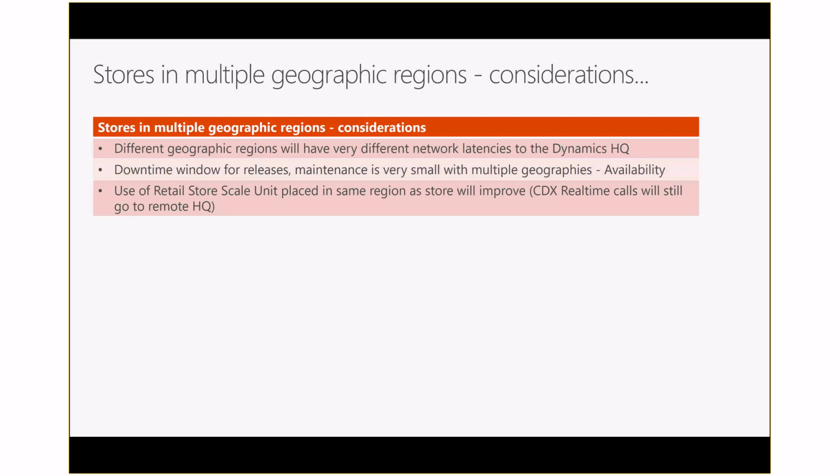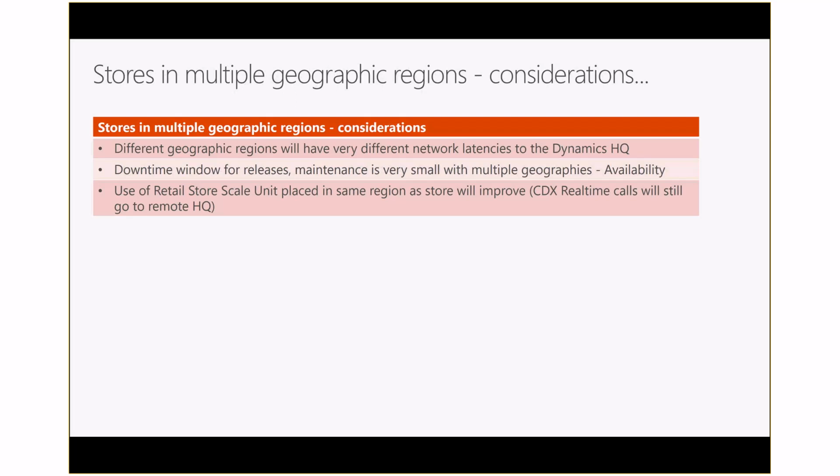Another important thing to look into is multiple different geographic regions. We have customers that have different operations on different continents, and it is quite common to see latency of 200 to 300 milliseconds between those regions, which makes some of the operations in the POS client quite noticeably slower, let's put it that way, if retail server is overseas.